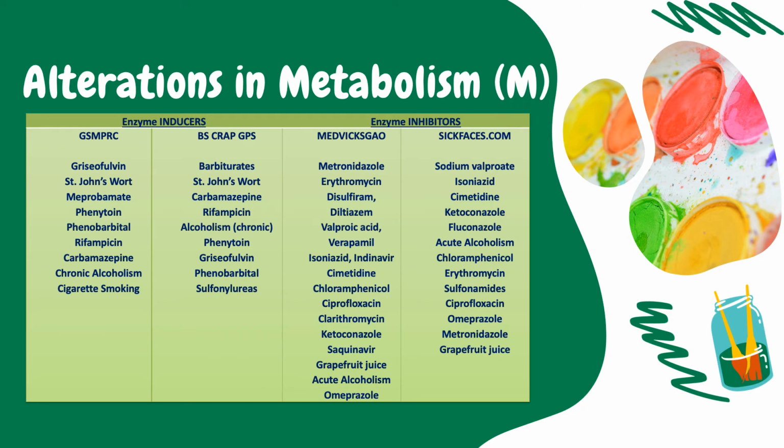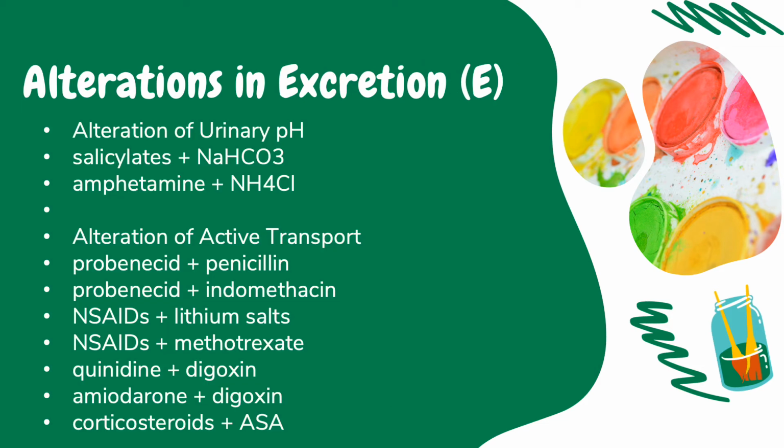The next one is alteration in metabolism. So we have two types, the enzyme inducers and the enzyme inhibitors. The next is alterations in excretion.